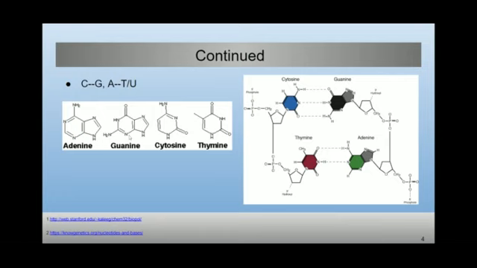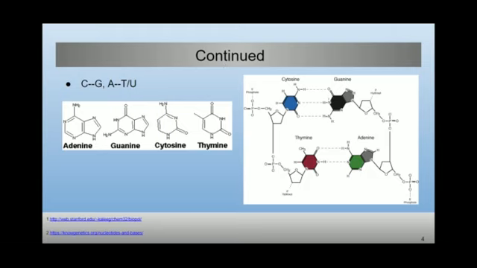So cytosine is always attracted to guanine. You'll always see those being paired up together. Adenine is always attracted to thymine. You'll always see those paired together in a DNA double strand. But in an RNA strand, you'll see the adenine being attracted to not thymine, but uracil instead. We don't have a picture of uracil here, but it looks very similar to thymine.